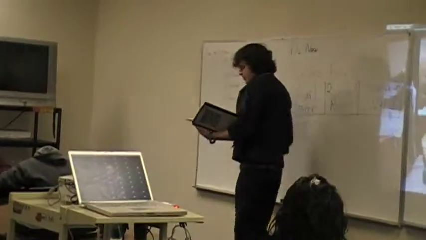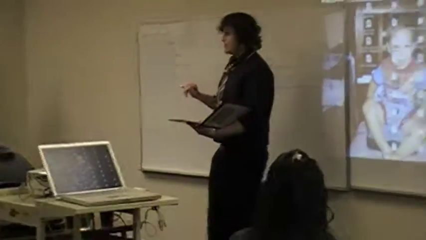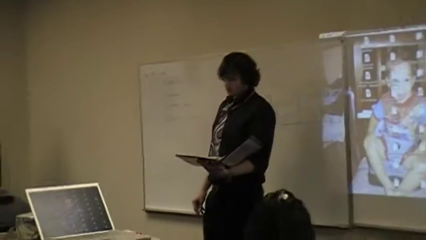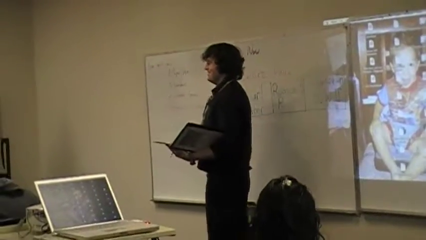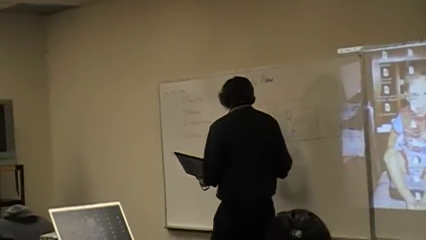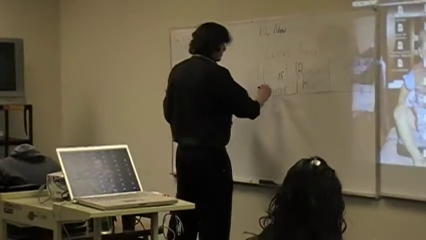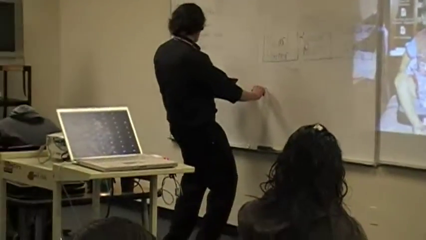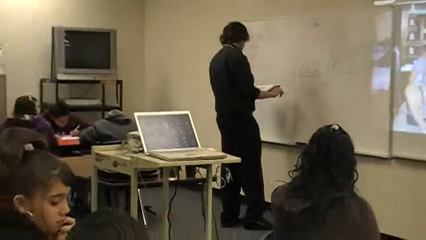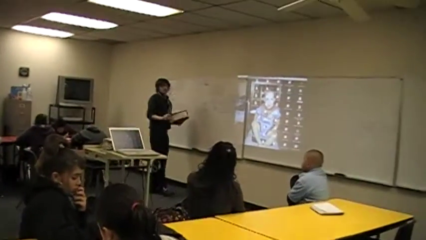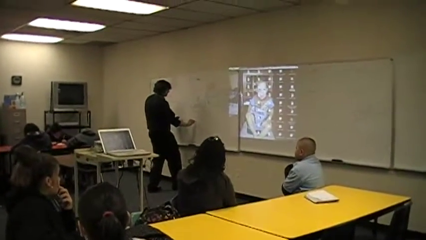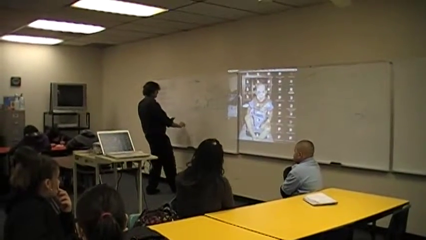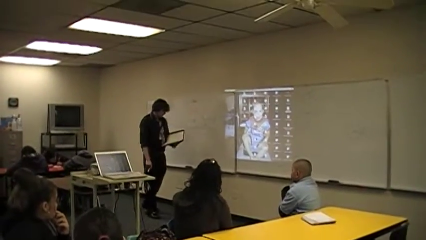We also, Pearl Harbor, you guys have an idea of how many U.S. ships were sunk? 4. Yeah, very good. So under Pearl Harbor, we're going to put U.S. ships. We had 4 sunken U.S. ships.